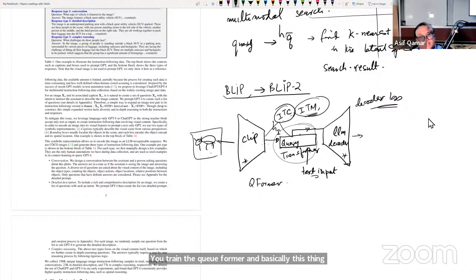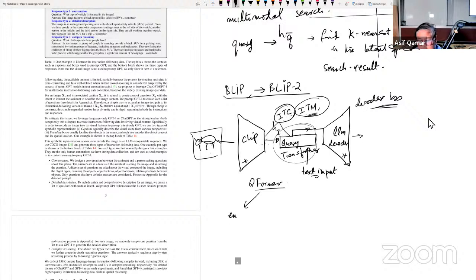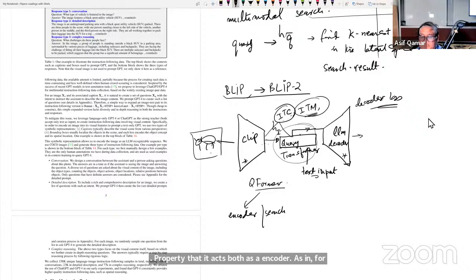Amongst its many benefits is that it produces a pretty good caption for images. So the Q-Former has a property that it acts both as an encoder, for example for search purposes, because if you don't give it a text and you just produce the hidden representation, you could take this output and say, okay, I'm done. Here's a way for me to generate encodings for images.